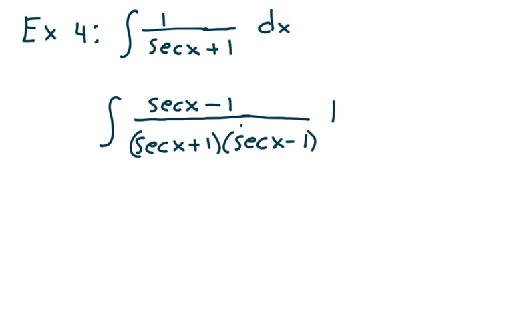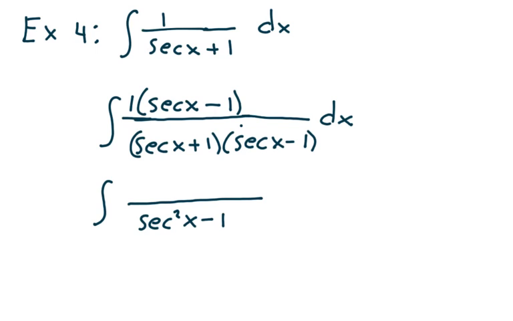So in other words, what I did was multiply the numerator and denominator by the conjugate of the denominator. Okay, that's called the conjugate. So I could multiply by 1 and change nothing. Now, the denominator is secant squared x minus 1.